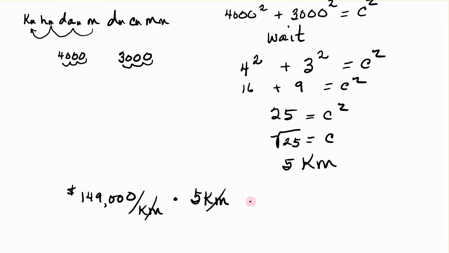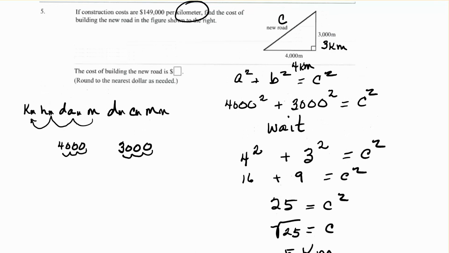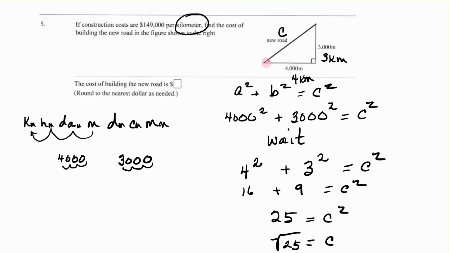Those cancel. Multiply 5 times that, and I will get $745,000. And that's the cost of the road that is in the position of being a hypotenuse of a right triangle.